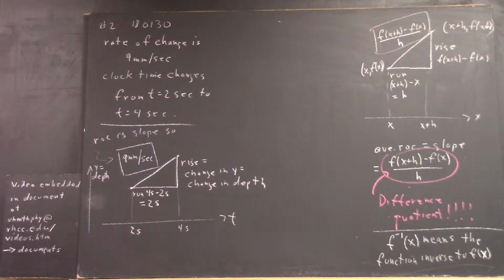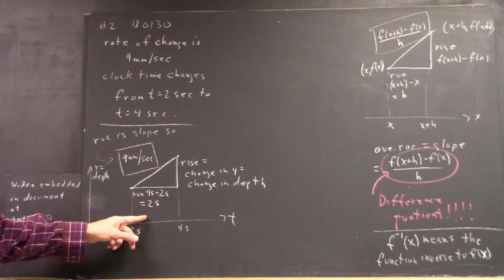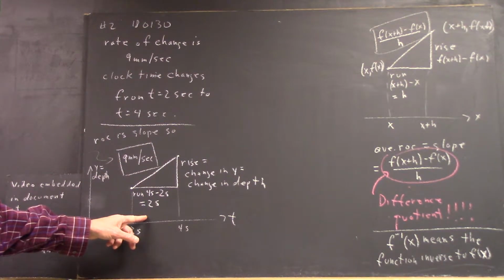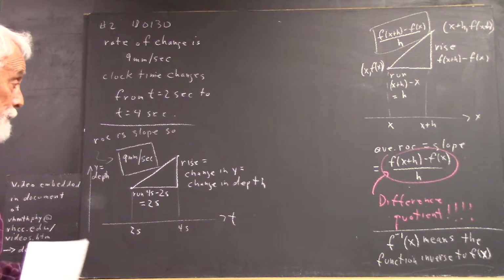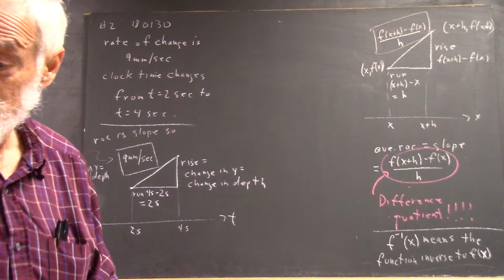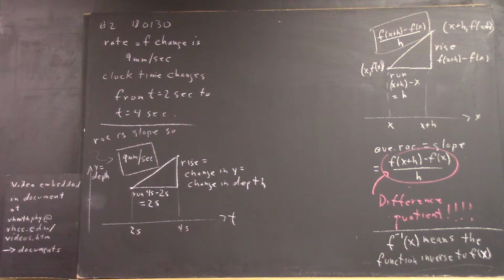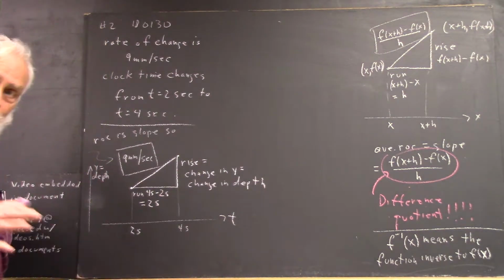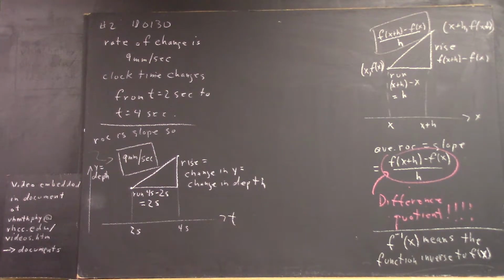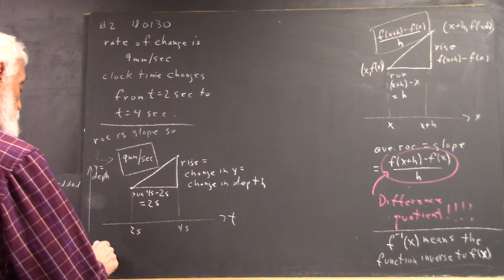Except, of course, you still have to calculate the rise, but you know the slope and you know the run. Okay? So how do you calculate this? Well, slope times run. But let's write it out this way and then let's talk about that.